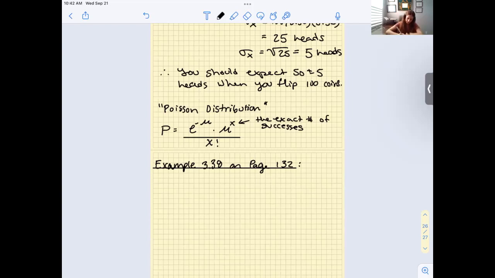So what they're saying is the expected value of this Poisson distribution is 2. We want the probability of getting 3. So help me fill this out. Ready, set, go. What do I write?